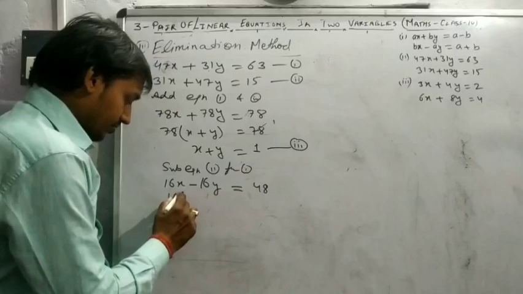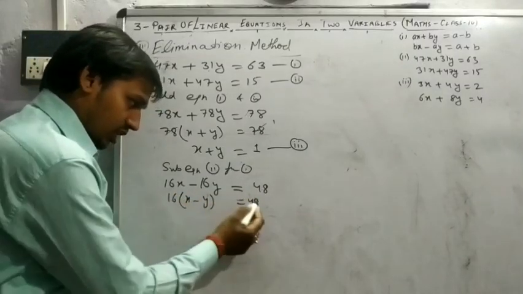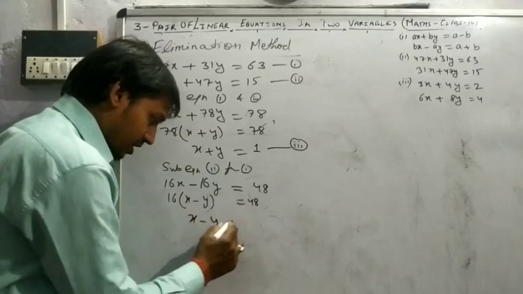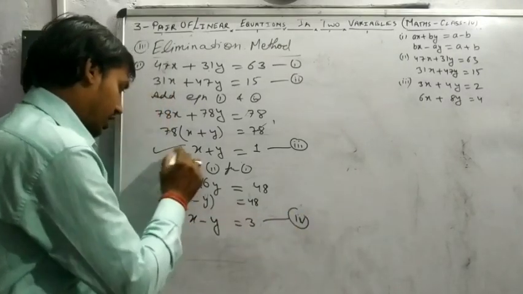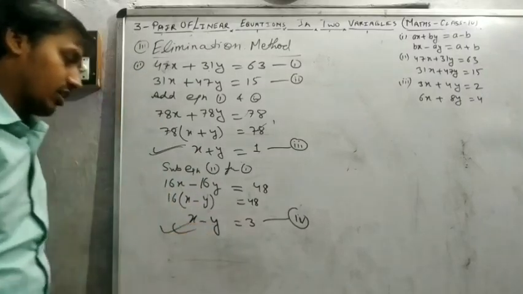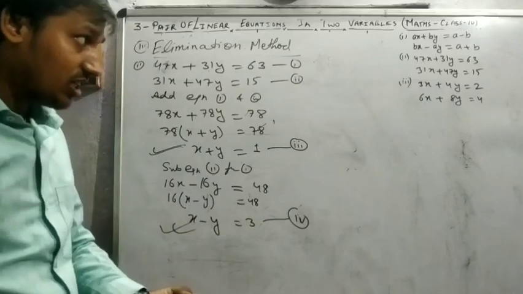So 16 is common: x minus y is equal to 48 divided by 16, which is 3. X minus y is equal to 3. That is equation number 4. Then you get two simple equations, and after this you can solve easily.